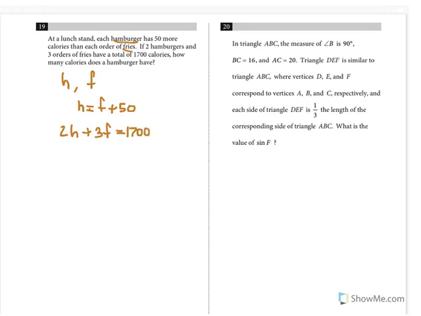And we want to know how many calories a hamburger has, so we want everything in terms of hamburgers, all right? Everything in terms of H. So that means we can say H minus 50 equals F. And now we have 2H plus 3 times H minus 50 equals 1,700.